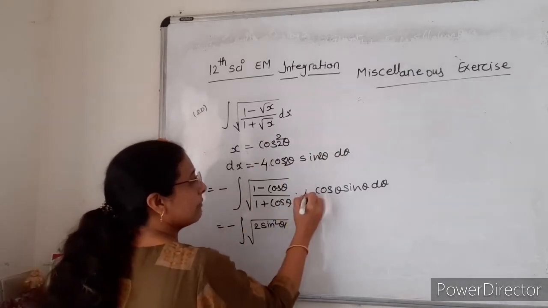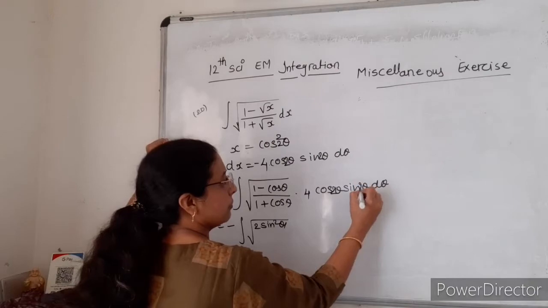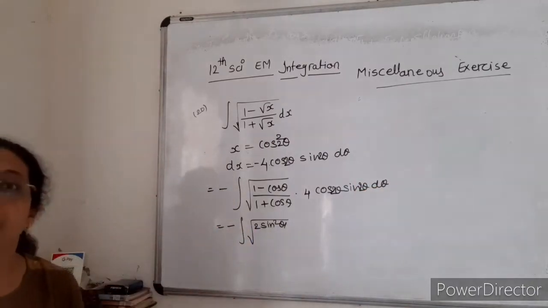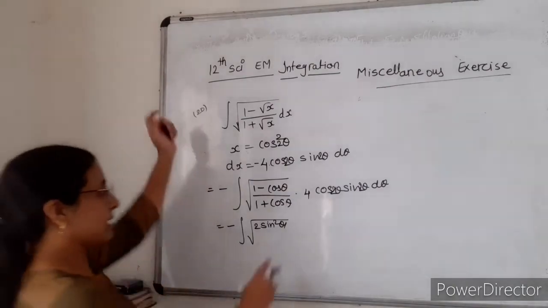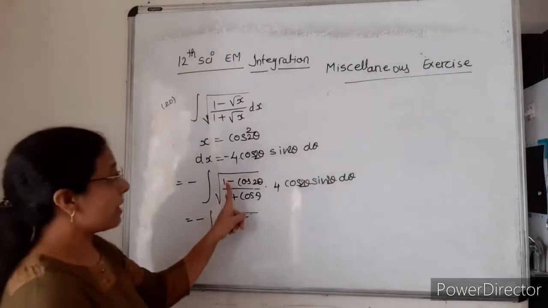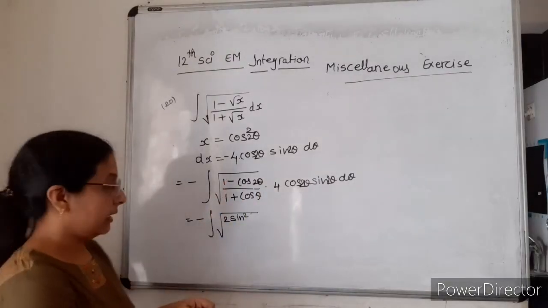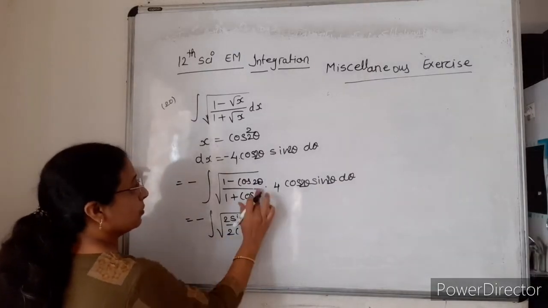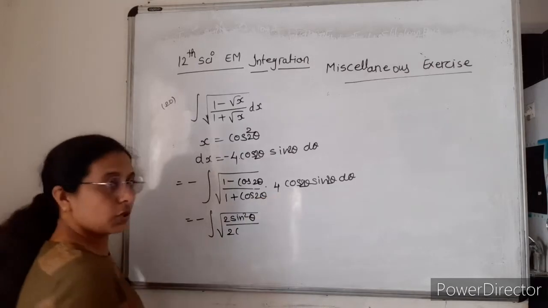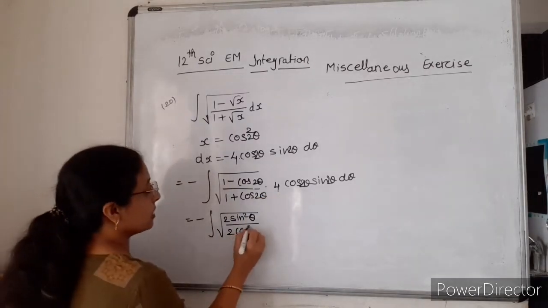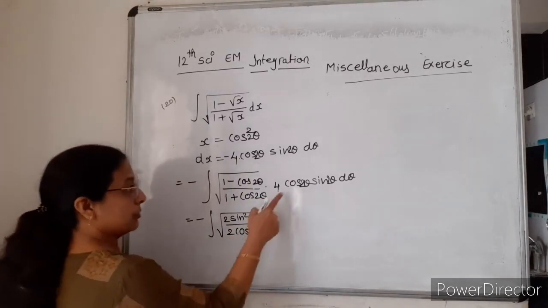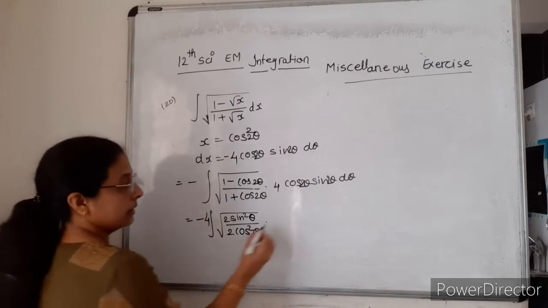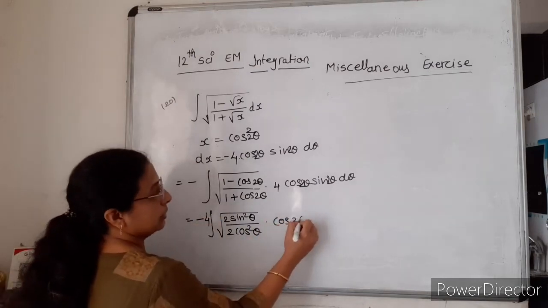You know why I have done this? 2 theta. That is, theta by 2 I don't want. So here 1 minus cos 2 theta is 2 sin square theta, and 1 plus cos 2 theta is 2 cos square theta, into this 4 comes here cos 2 theta.